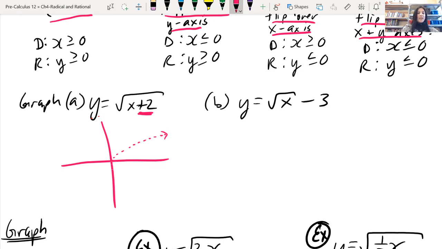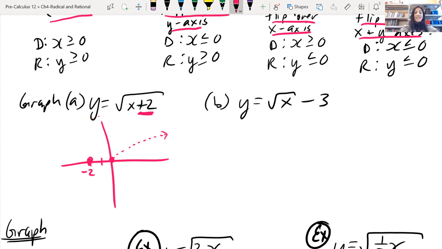So basically I'm looking at this +2 and asking that same leading question, does that +2 affect my x values or my y values? It's in there embedded with the x, so it's affecting my x values. And we know that for x, we take the opposite of what we see. So if it says x plus 2, I'm actually moving my starting point to minus 2. So I'm going to actually have my dot right there instead.